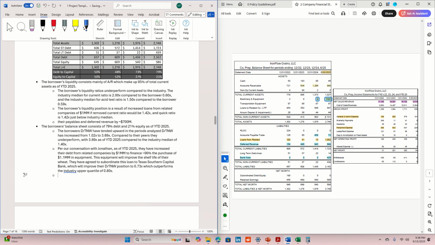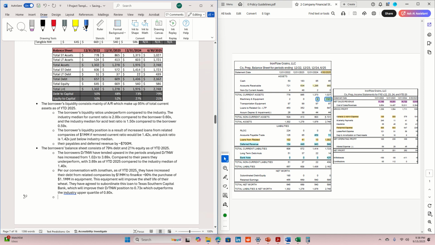So essentially what's going on is, in fiscal year end 2024, the borrower supported increased sales on account. Sales on account means increased accounts receivable. That's all I'm saying when I say sales on account.